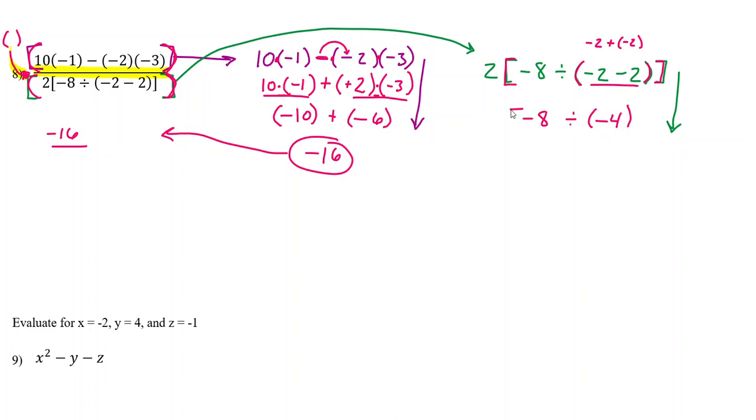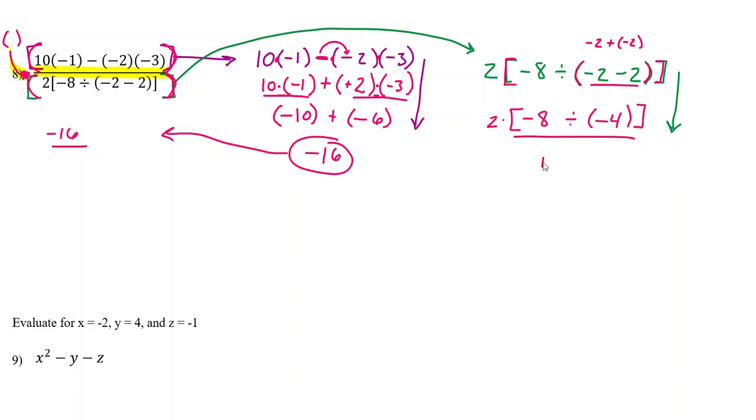Okay, then we go into the bracket. Before I do that, I have to rewrite the whole problem. So I rewrote the whole problem, and now I'm going to do this bracket part. What's the operation in there? It's a little bit tricky because we've got all these negative signs, but it's -8 divided by -4, so it's a division problem. So first of all, we apply the rule that says if the signs are the same, the answer is positive.